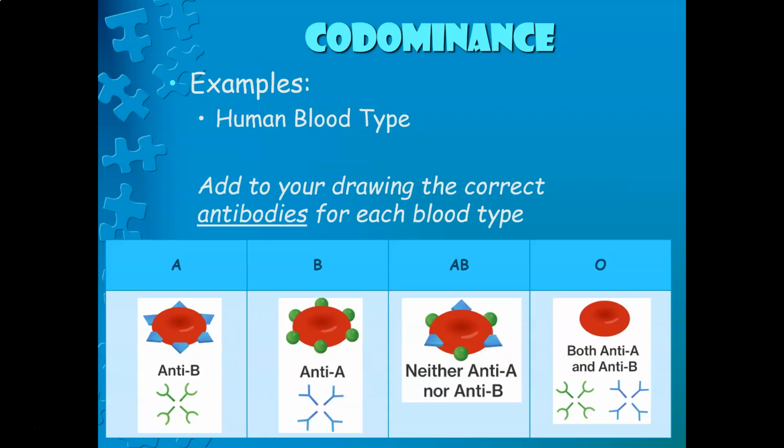Why does this matter? Well, it comes down to blood transfusions and tissue matching when we talk about organ transplants. It's really important because we can't cross type. What does that mean? I can't give you a blood type that doesn't work with your own body system.